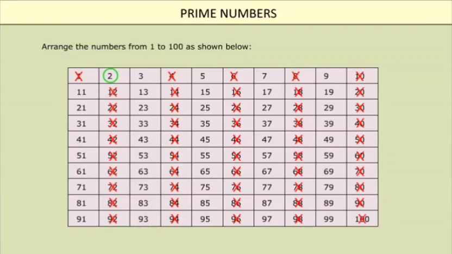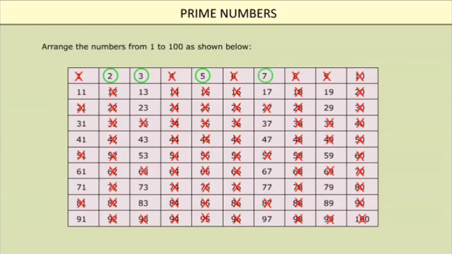Step 2. Cross out 1 as it is not a prime number. Step 3. The smallest prime number is 2. Encircle it and then cross out all the numbers divisible by 2. For example, 2, 4, 6, 8, etc.